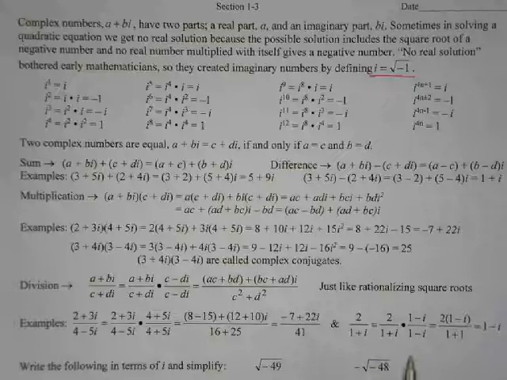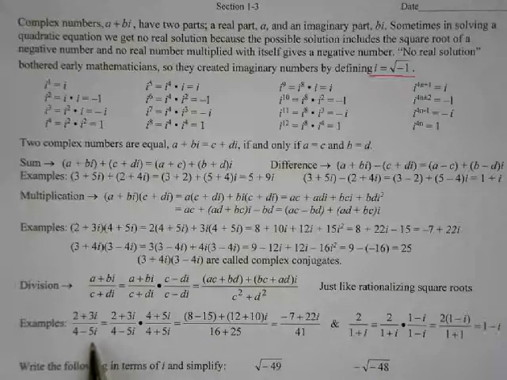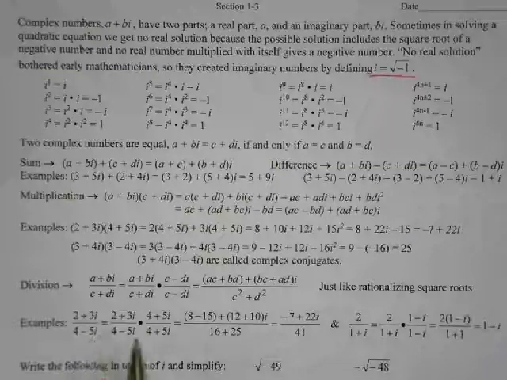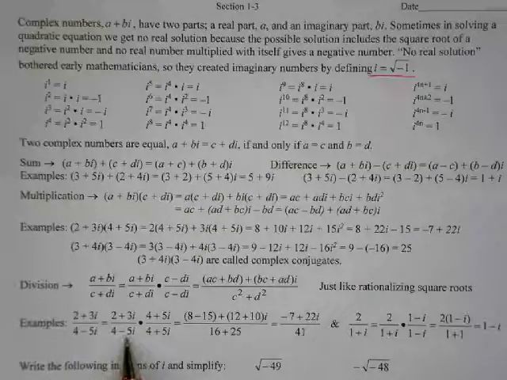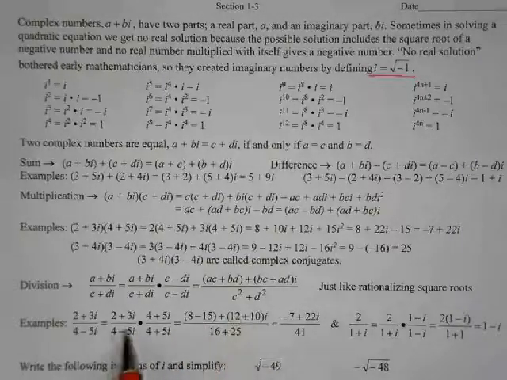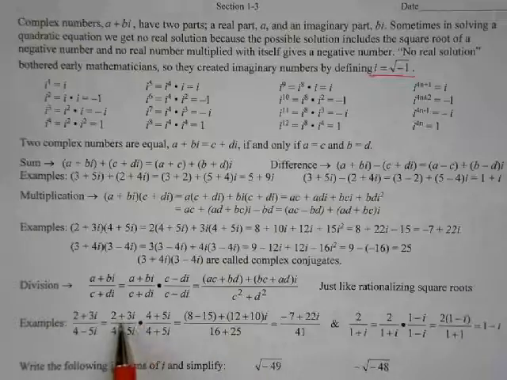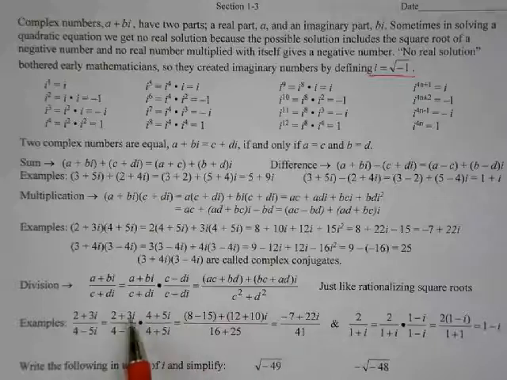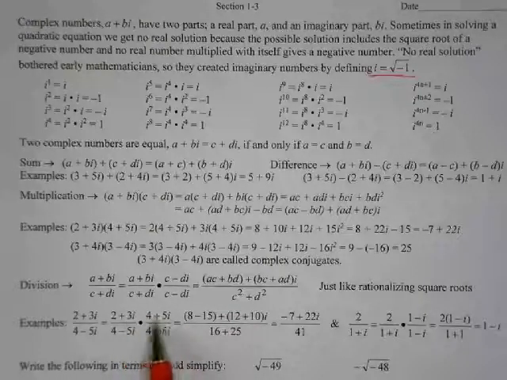So for example, here we have 2 plus 3i over 4 minus 5i. So to do the division, we multiply top and bottom by the 4 plus 5i. Here, we'll end up doing our distributive, again the 8, and then the last parts will give us 3i and 5i, which is 15i squared, which gives us the negative 15.